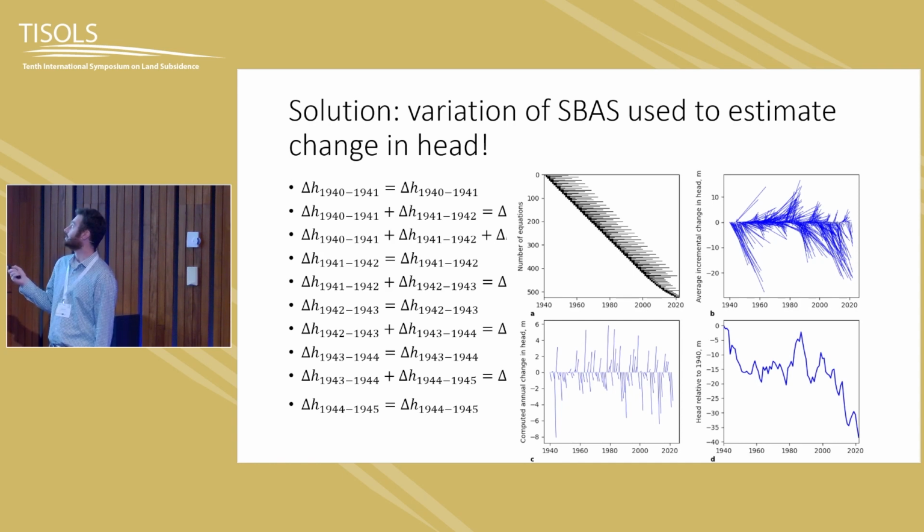And this is a visual representation of our interferograms that we're making with head, change in head rather than change in phase. So we get this matrix, so we invert the matrix to solve for the yearly change in head, and that's shown right here. And then we integrate that to get the cumulative change in head that's averaged over each of our study areas. And what this did is it gave us a much less noisy record of change in head over time.